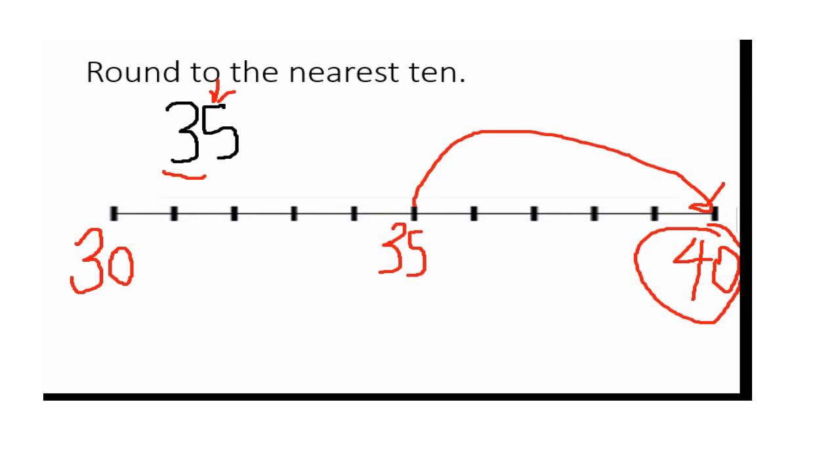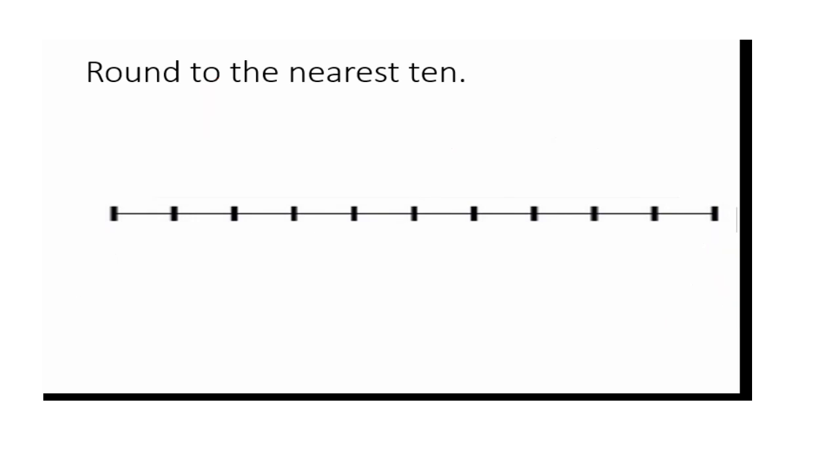So I hope this will help, but now let's bump up the number to a 3-digit number. So let's do 528. Again, the first question that you ask is how many tens are there in 528?